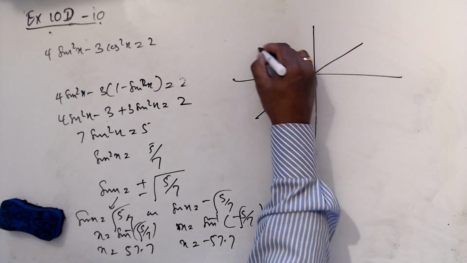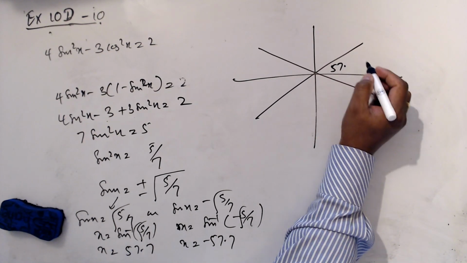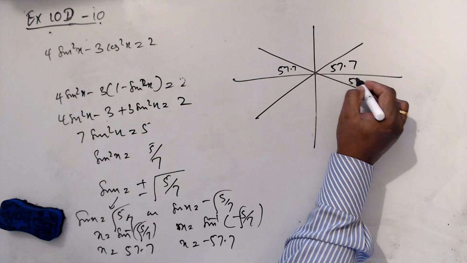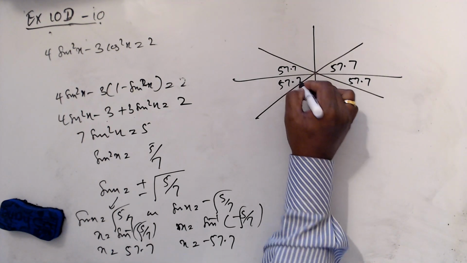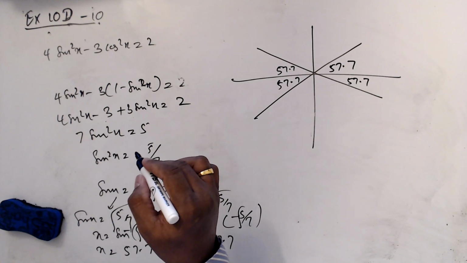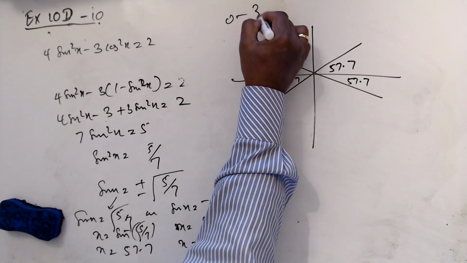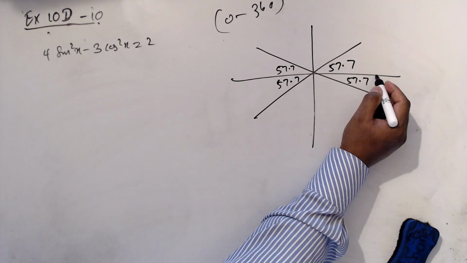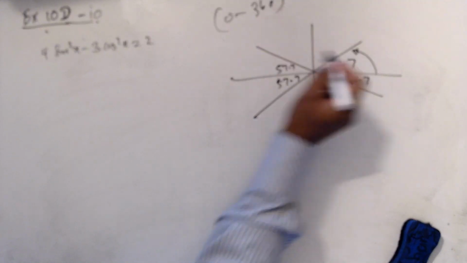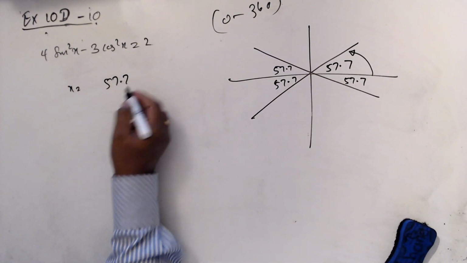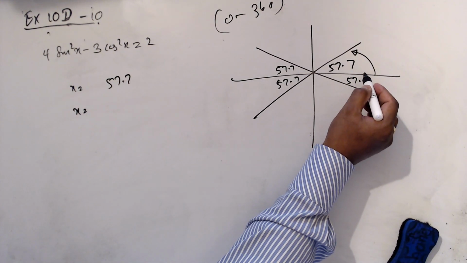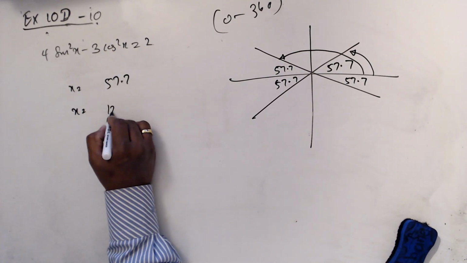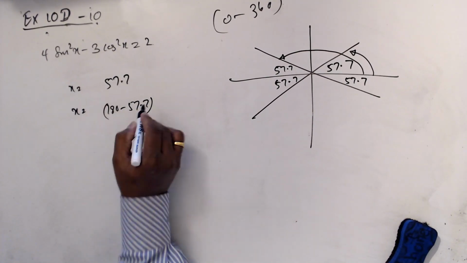So this is 57.7, 57.7, 57.7. Now we need the range 0 to 360. Now let's start from here. First answer is 57.7. The second answer, this one, 180 minus 57.7.